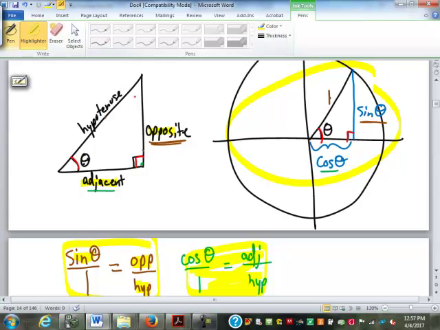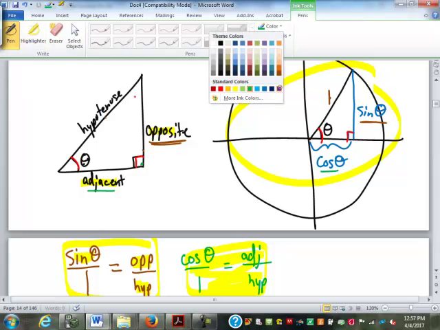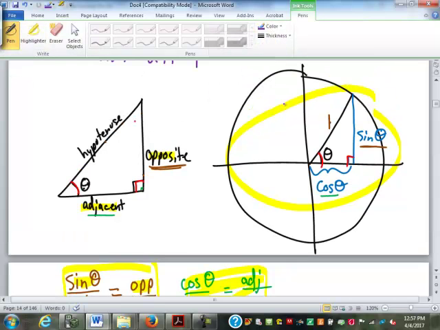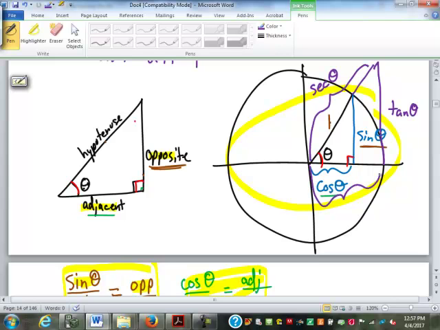Now let's draw in a slightly different triangle over here on the unit circle. I'm going to extend this and this here. So now what I have here, this is the tangent of theta, and this side is the secant of theta. And now it's this length from here to here that's 1.